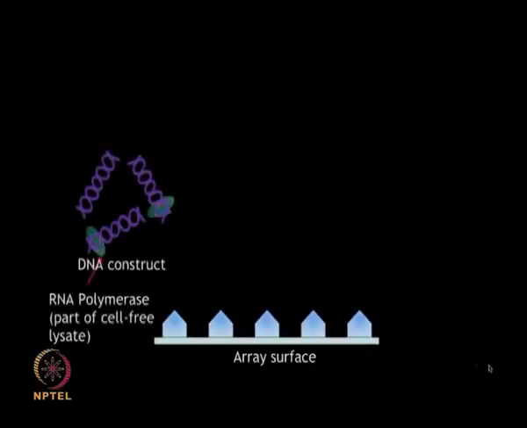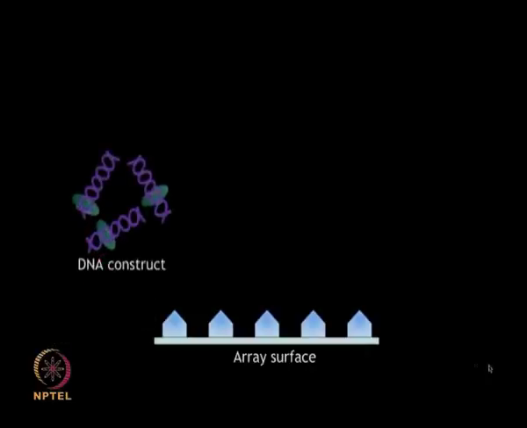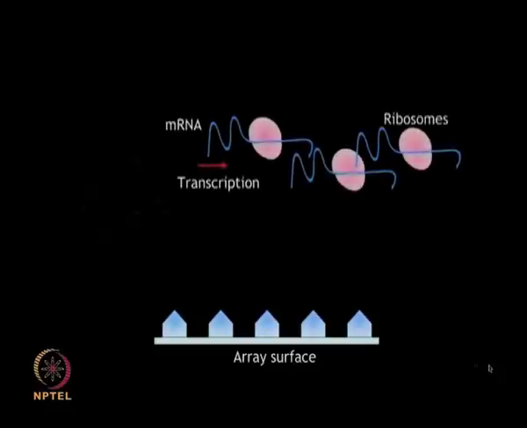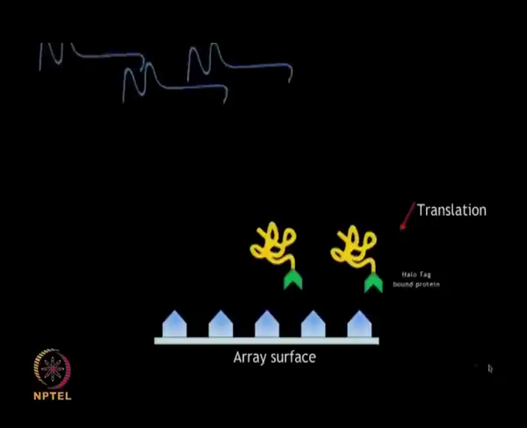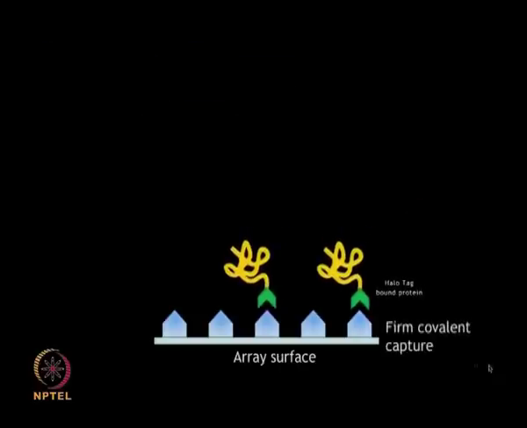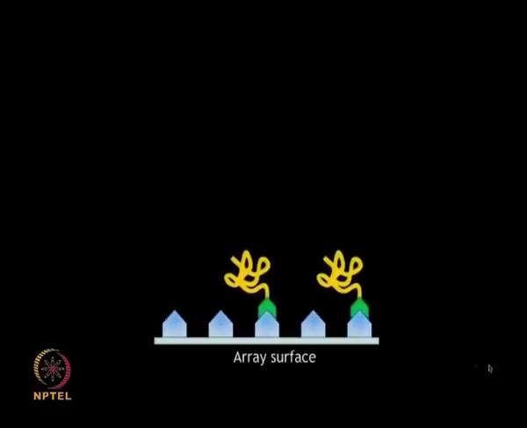The HaloTag fused protein is expressed by using lysates such as rabbit reticulocyte lysate, RRL, or wheat germ expression system, and synthesized protein is covalently captured onto the array surface through the HaloTag ligand. The specific interaction ensures the oriented capture of protein and prevents any possible functional loss.